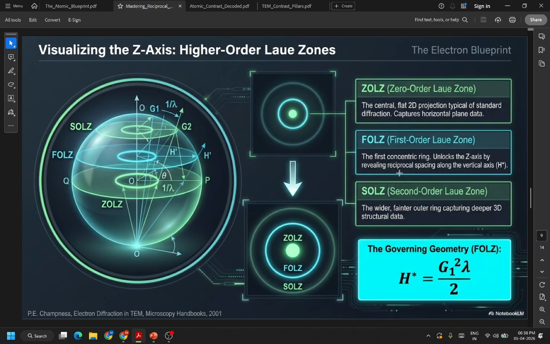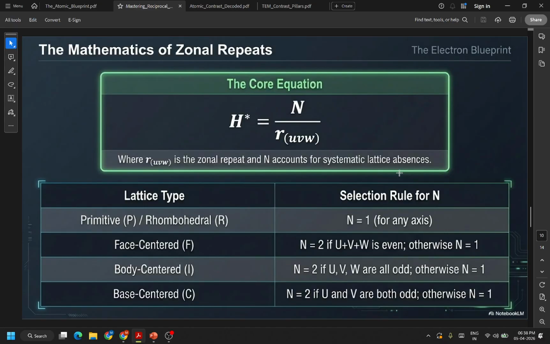And the governing geometry for a first order Laue zone is H star equals g1 squared lambda by 2. So we have H star equals n by r uvw, where r uvw is the zonal repeat and n accounts for symmetry lattice absences.